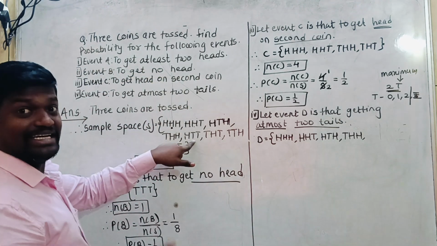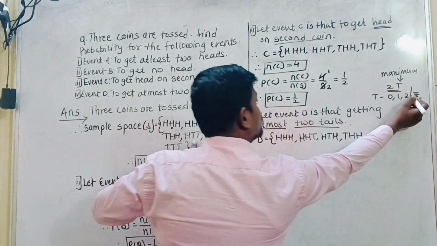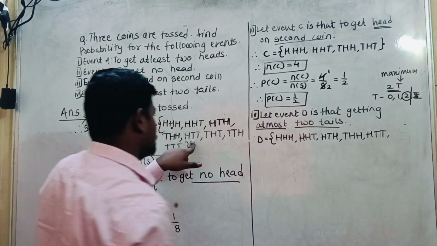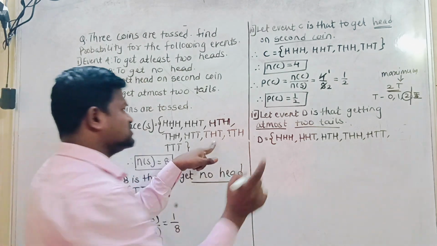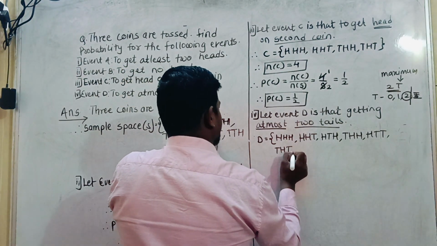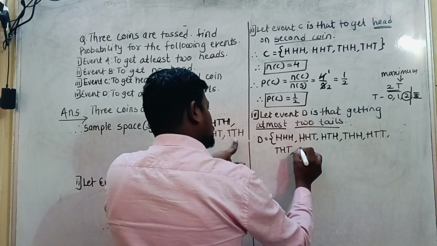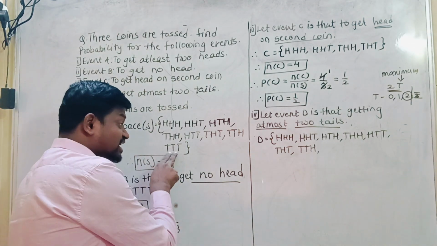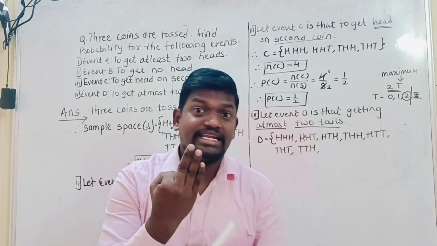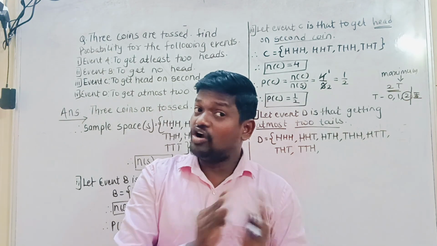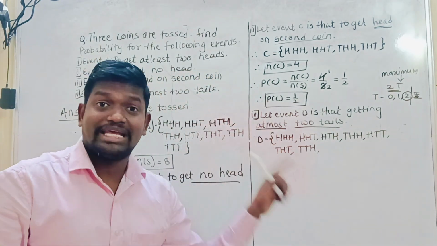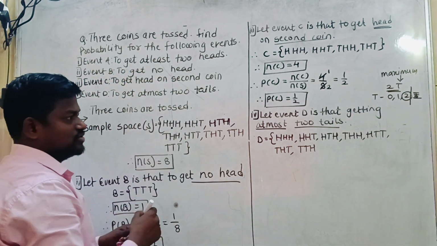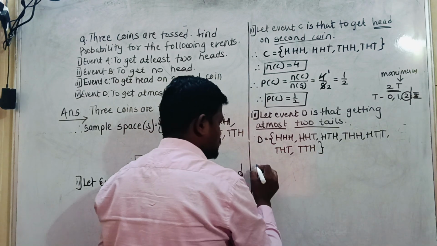See next, H, T, T, 2 tails. 2 tails are also allowed, so write down. Next, here also we can get 2 tails, T, H, T. Here we also find 2 tails. See here we get 3 tails. 3 were not allowed in the at most 2 tails condition. So we cannot write this down. So this is our final answer.